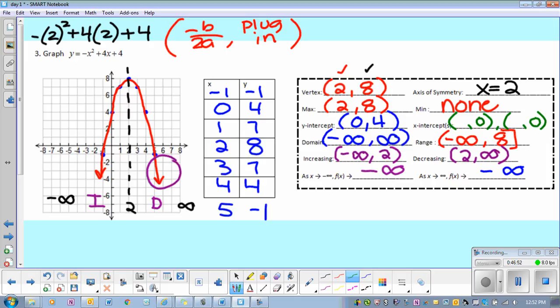You can factor, you can complete the square, you can use the quadratic formula, whatever you want to do, okay? But just for the sake of time, I'm going to put it in the calculator.